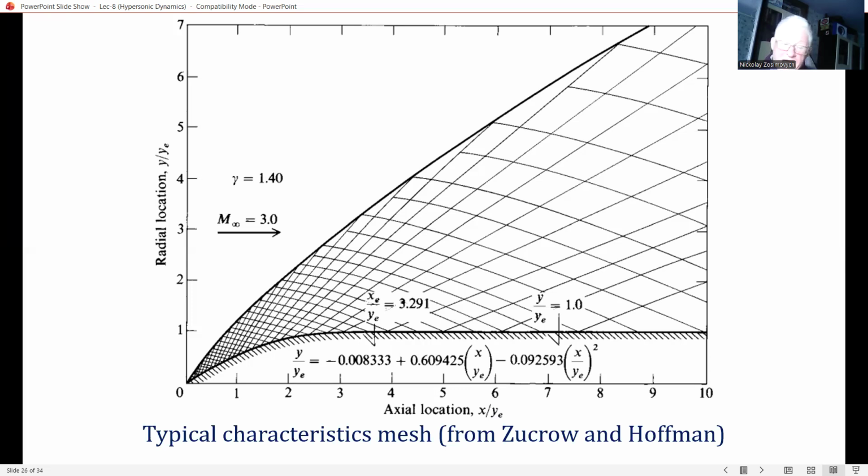Rather, they are placed along arbitrary straight lines in much the same way that a finite difference grid is established. And this represents a major simplification over the general three-dimensional method of characteristics.